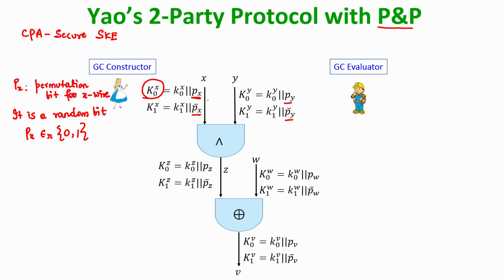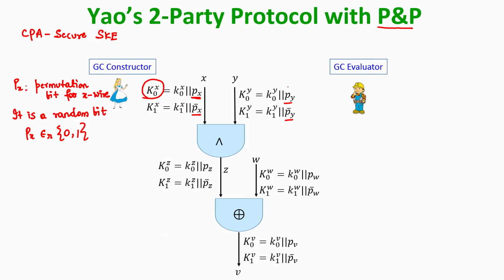It is only the constructor who will know the value of the permutation bit, and the permutation bit for the key corresponding to x equal to 1 is just the complement of the permutation bit assigned to the key for x being 0.